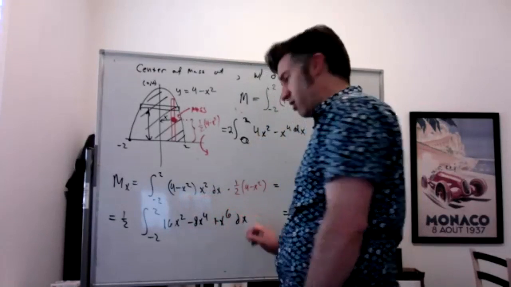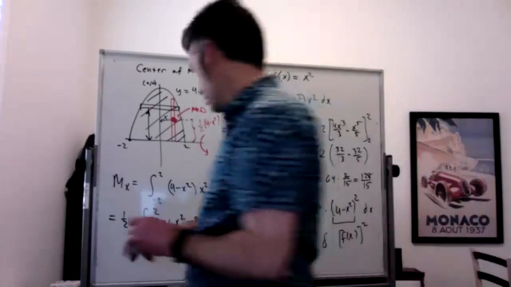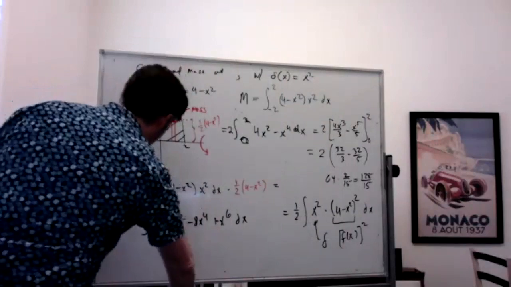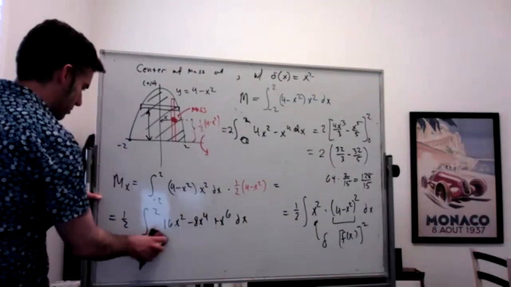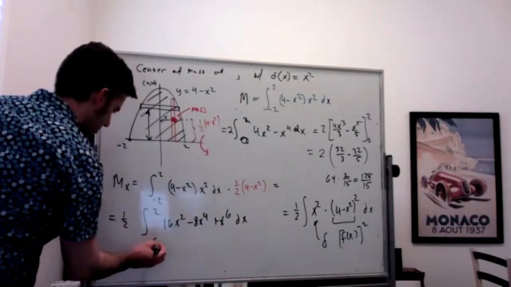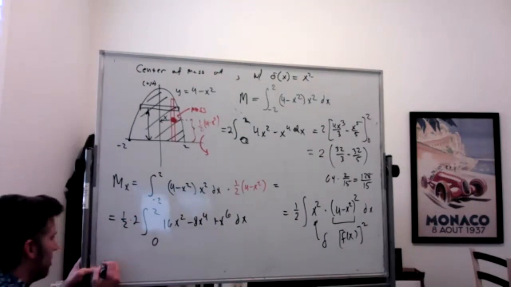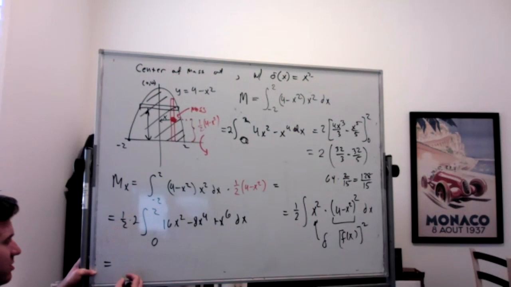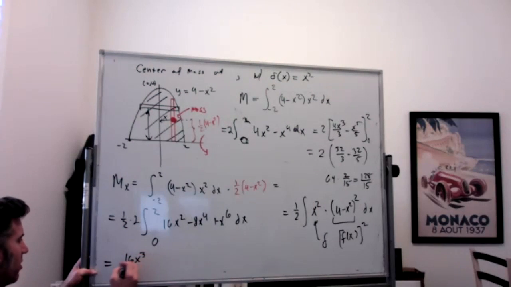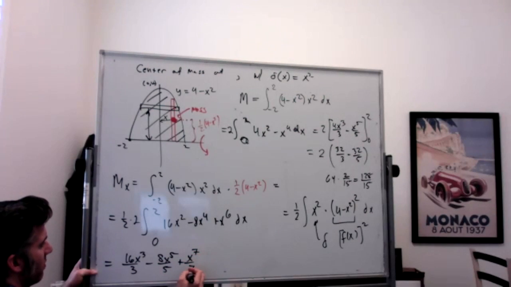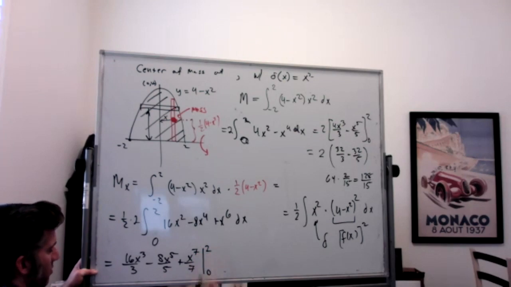Oh, that's going to be gross. So again, I notice that this is an even function, so I'm going to double it and go to 0. So this ends up being, that does cancel, 16x cubed over 3 minus 8x to the 5th over 5 plus x to the 7th over 7 from 0 to 2.